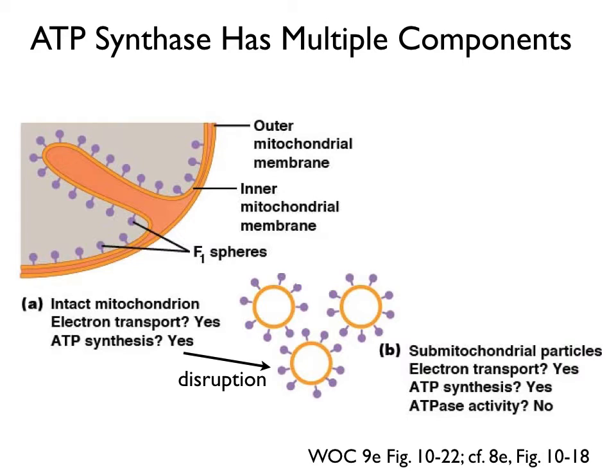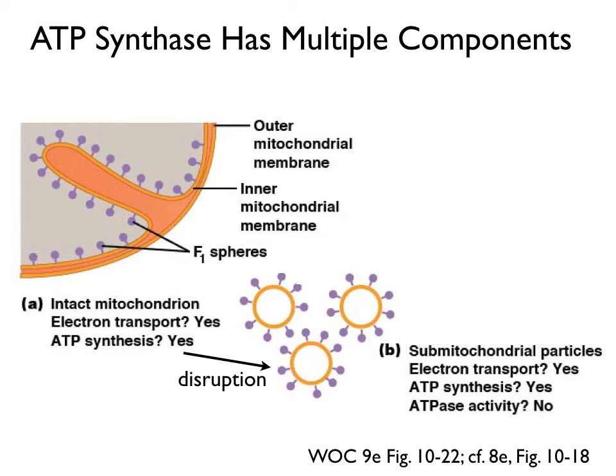Moreover, we know mitochondria produce ATP, and so you can provide ADP and inorganic phosphate and appropriate reagents and perform similar biochemical assays to show, of course, that an intact mitochondria in the presence of oxygen, or in the presence of an electron donor and an acceptor that can drive electron transport, you will get ATP synthesis. So that makes sense. We can do electron transport and we can synthesize ATP.